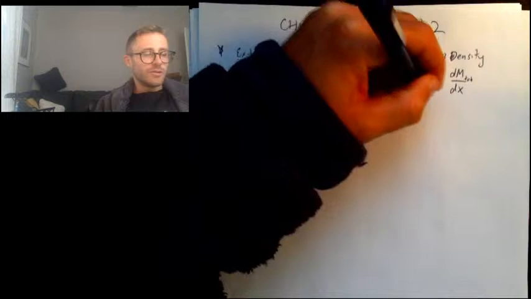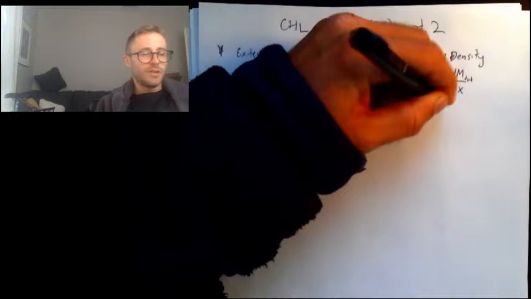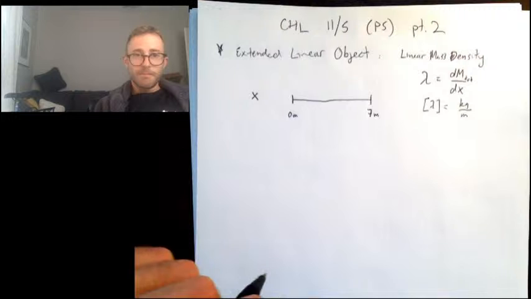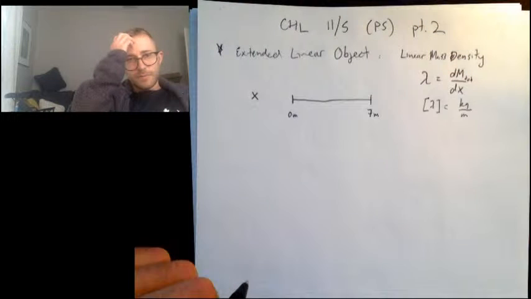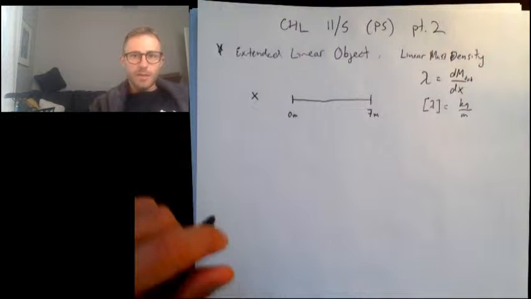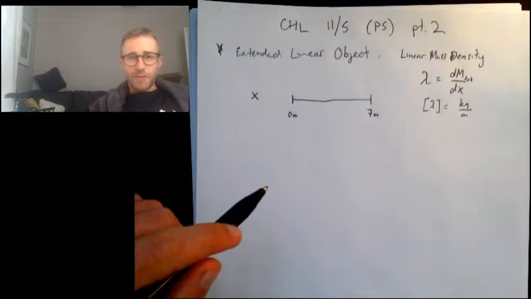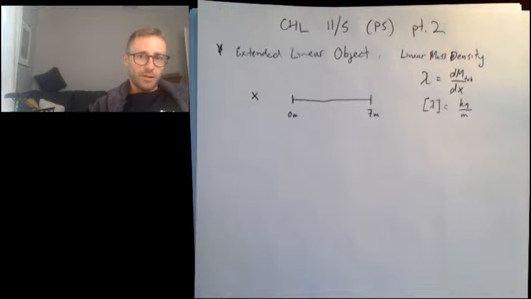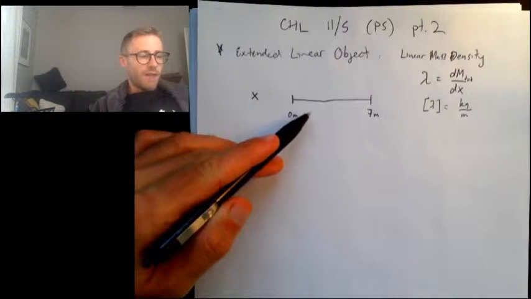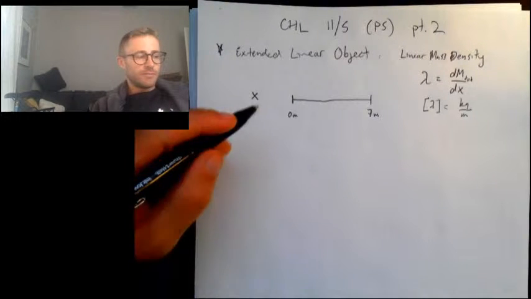So the units of linear mass density are going to be kilograms per meter. The linear mass density may be constant. It might not be constant. So we're going to have a non-constant one.